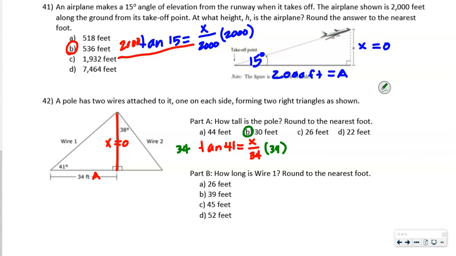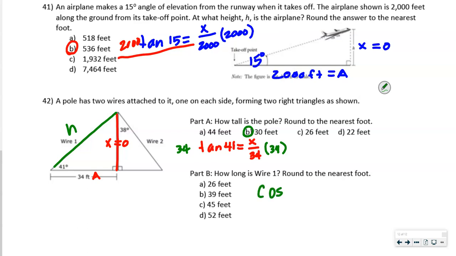feet, okay? So our next one says, how long is wire A? Or wire 1, sorry. So if we're looking for this wire right here, we're going to use another ratio, okay? So if we're looking for that wire, again, this time I'm going to use adjacent and hypotenuse. Isn't that our hypotenuse? Adjacent and hypotenuse would be cosine.